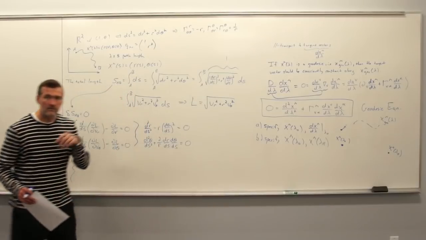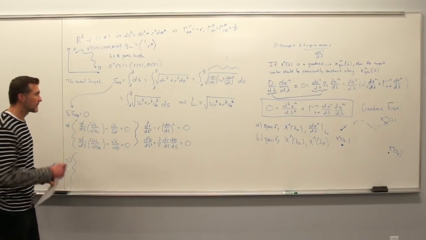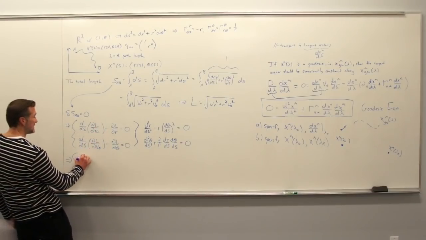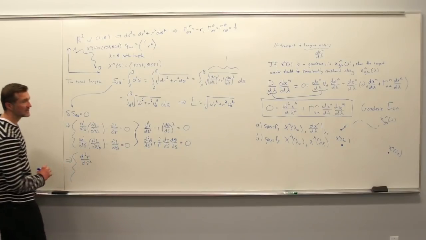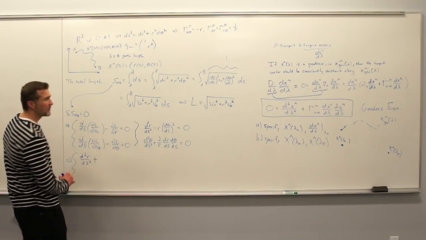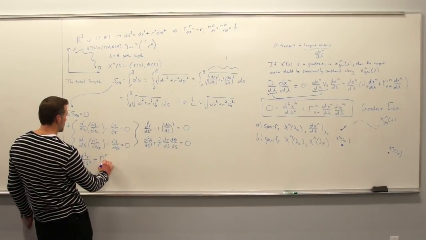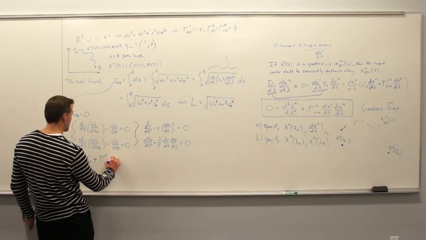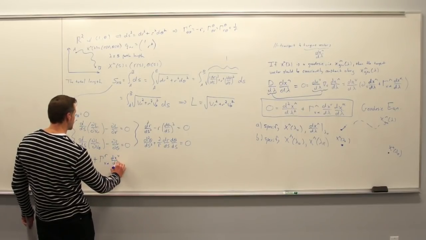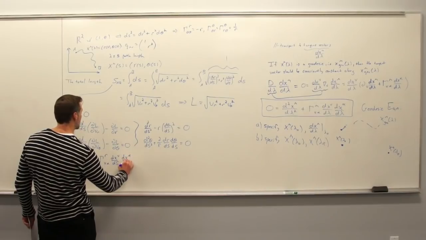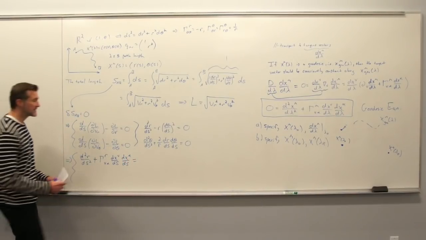So if I pick mu to be, say, 1, so x1 is the r coordinate, then that equation becomes d2r ds squared, well, my parameter is s, plus gamma r nu alpha dx nu ds dx alpha ds. Okay, this term obviously looks good.